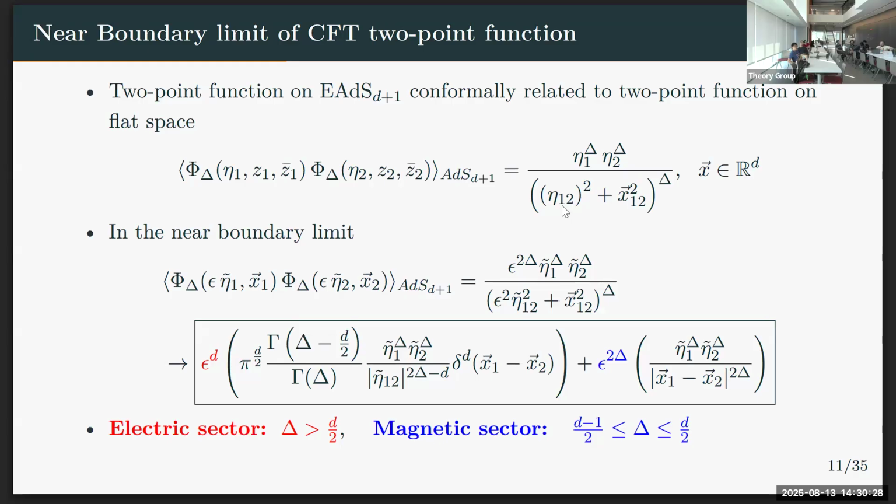Based on the value of delta, one or the other will have the dominant contribution. If delta is greater than d/2, this will dominate, and I call it the electric sector. If delta lies between (d-1)/2 and d/2, that will dominate, and I call that the magnetic sector.